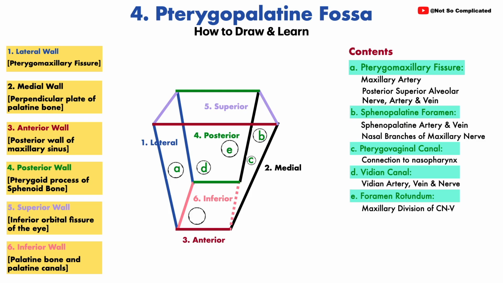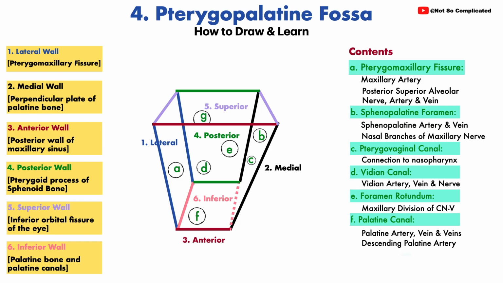And there will be another canal in the inferior wall also, and that is called the palatine canal. Through these structures there will be the passage of the palatine artery, veins, and nerves, and the descending palatine artery again. Then there will be different canals in the superior wall.